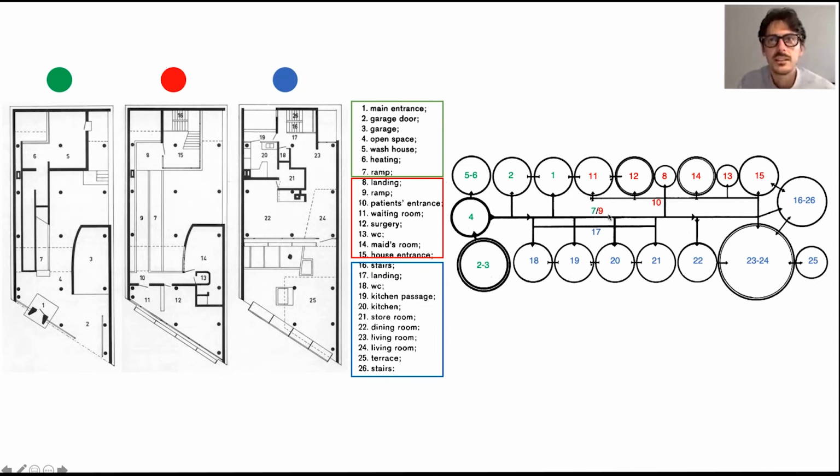That is the ramp, for instance. You see the ramp here, item 7 and item 9. And I decided that perhaps this line could work as the ramp. Therefore, I placed the numbers 7, 9. And also other items like 17 and 10, therefore the landing and the entrance to the house, the patient's house.